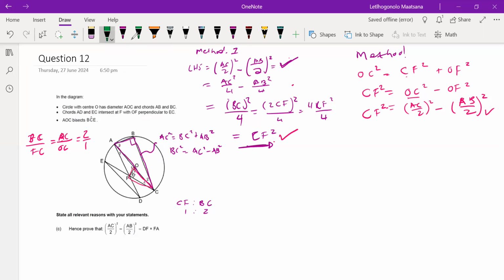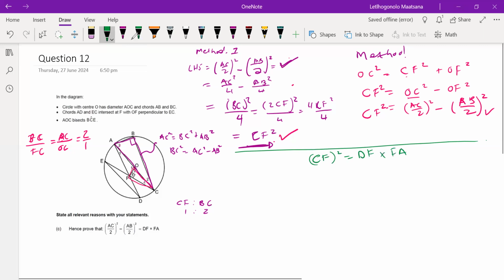The most important part here is that we need to prove that CF² is equivalent to DF multiplied by FA. So we'll look at these two triangles here: AFC and EFD.